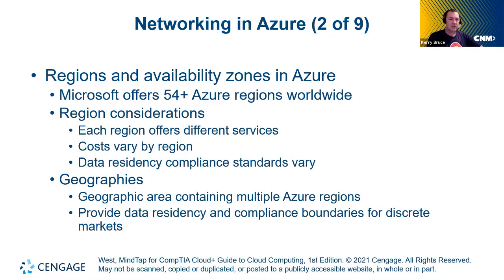And the same with AWS and Google, costs will vary by region. And I mentioned it before, but data residency compliance standards will vary depending on the region. So wherever you are geographically in the world, your privacy settings and what you can do and how you protect the data is going to be different based on the geography. Okay.